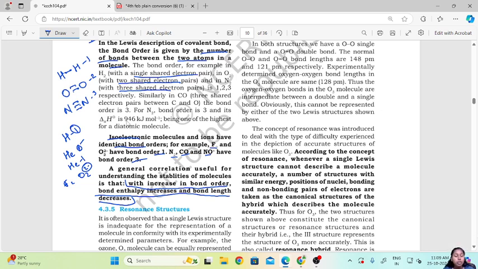As you increase the bond order, that means as you increase the number of bonds, the bond enthalpy will also increase, because you are increasing the number of bonds to be broken, so the energy will be more. Bond enthalpy will increase and bond length will decrease. So as you increase bond order, bond enthalpy will increase and bond length will decrease. This is very important.